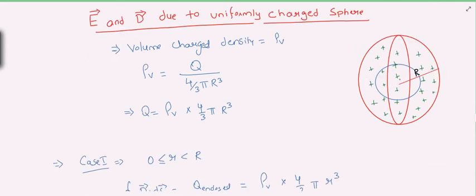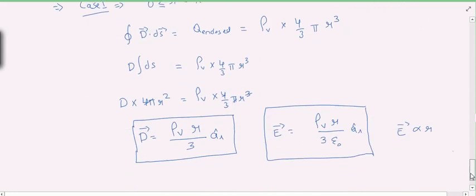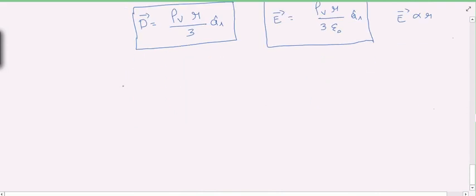Now we'll see case 2. If I consider the Gaussian surface on this sphere only, that is when the radius of the Gaussian surface is capital R only, let us say this is case 2 where r and R are the same.